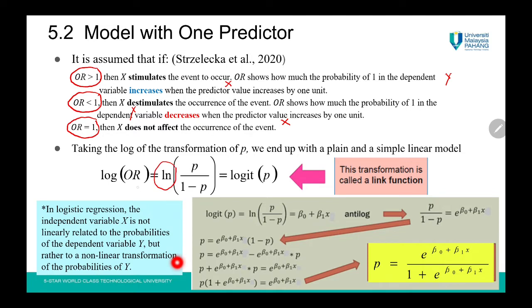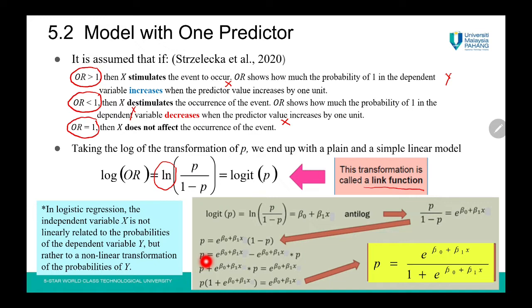Remember that OR is equal to P over 1 minus P. So by taking the log of OR, we get ln of P over 1 minus P, and this is actually the logit P. This transformation is called a link function.